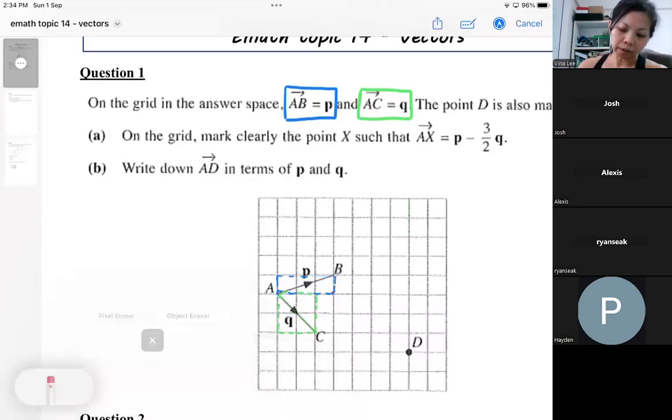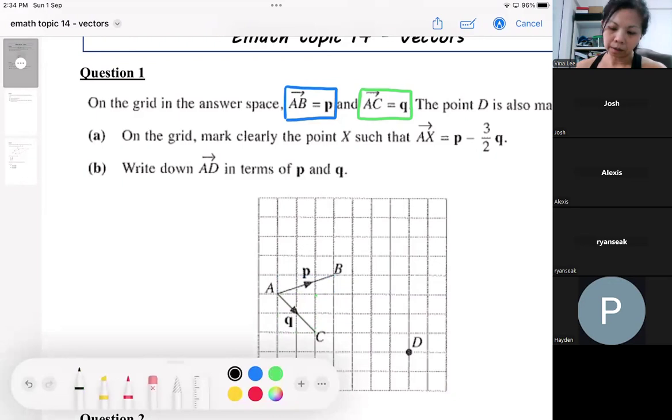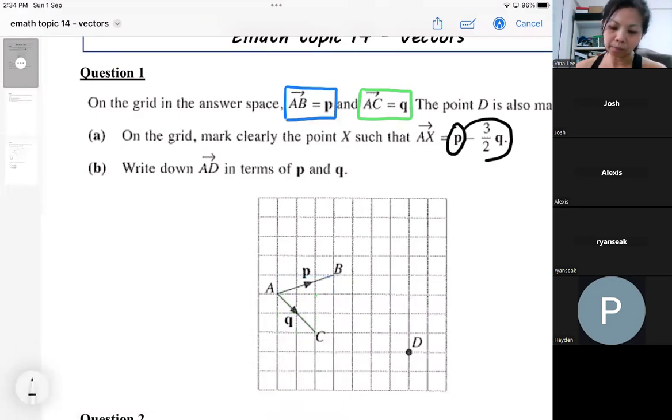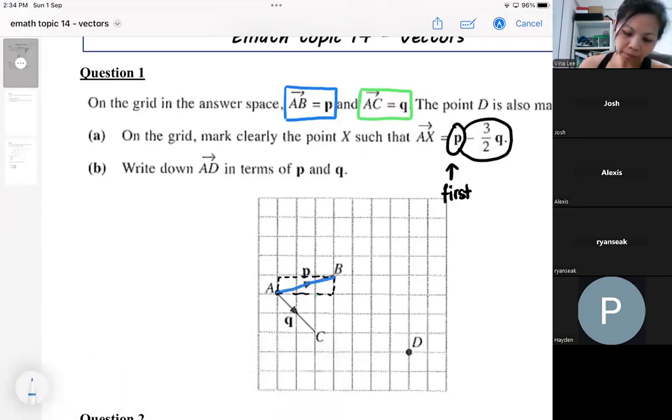Once you have this idea, we can do part A first. You think of it as 2 journeys. From A, you go 3 squares first, can you see? These are 3 squares, so you go to B first. You stop at B already.